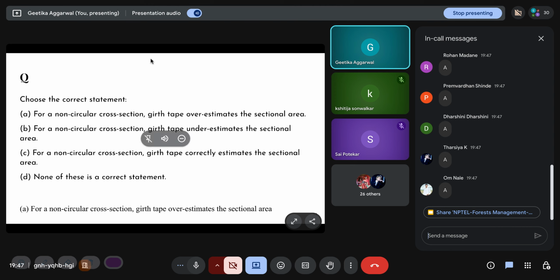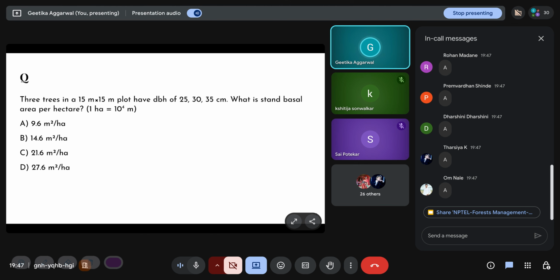Moving on to the next question. Three trees in a 15 by 15 meter square plot have DBHs of 25, 30, 35 centimeters. What is the stand basal area per hectare?